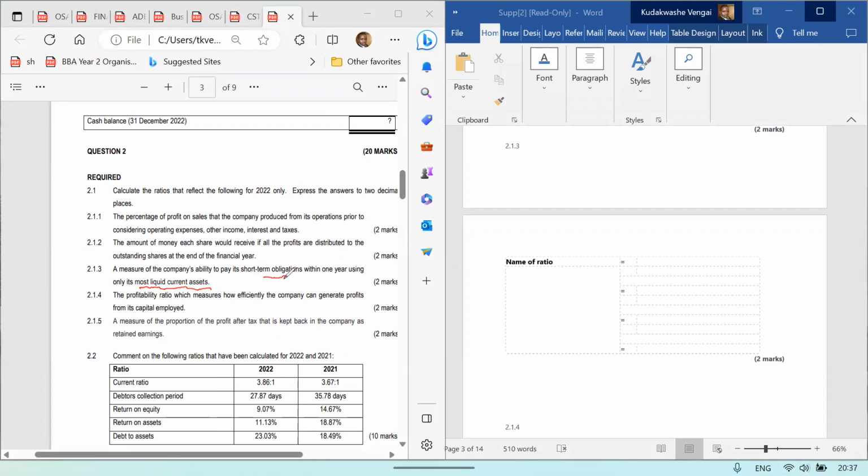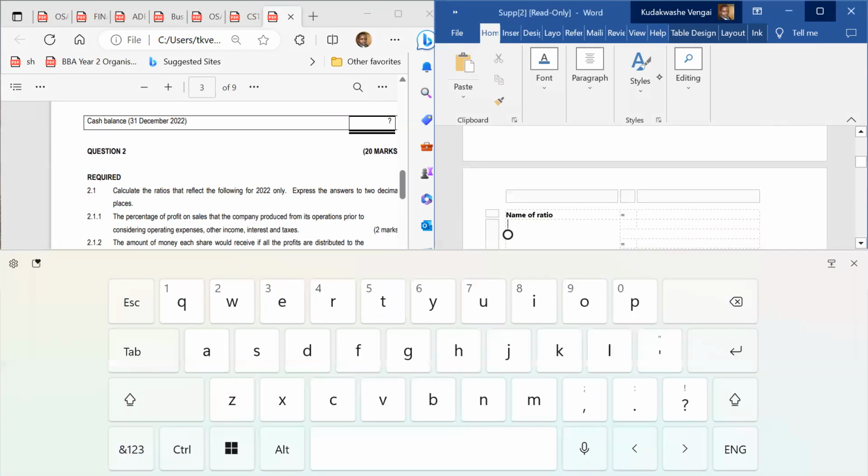You've got your current ratio and your quick ratio. The current ratio measures all of the current assets, whereas the quick ratio only looks at the most liquid assets. So you can indicate, this is the quick ratio or acid test ratio. Some call it quick ratio, or acid test ratio.